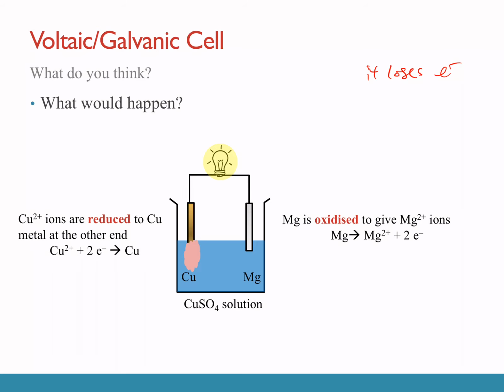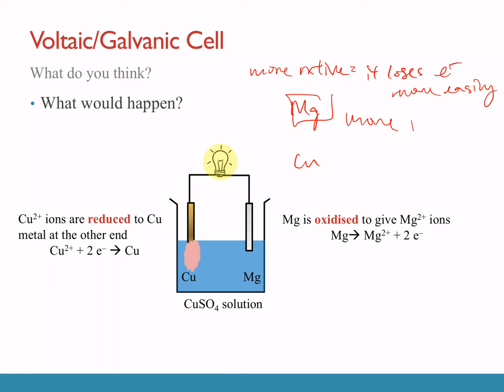So more reactive equals lose electrons more easily. Okay, we recall that magnesium was above copper in the reactivity series, making magnesium more reactive. That's how you can tell that it can lose electrons more easily.